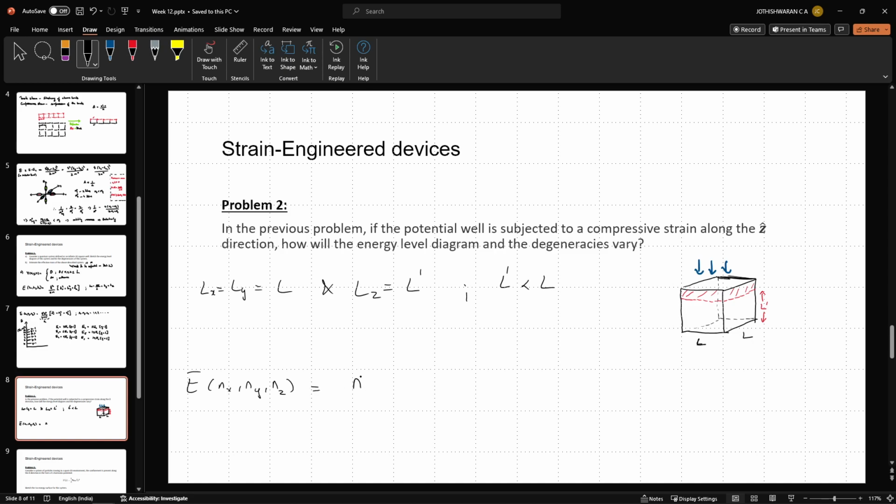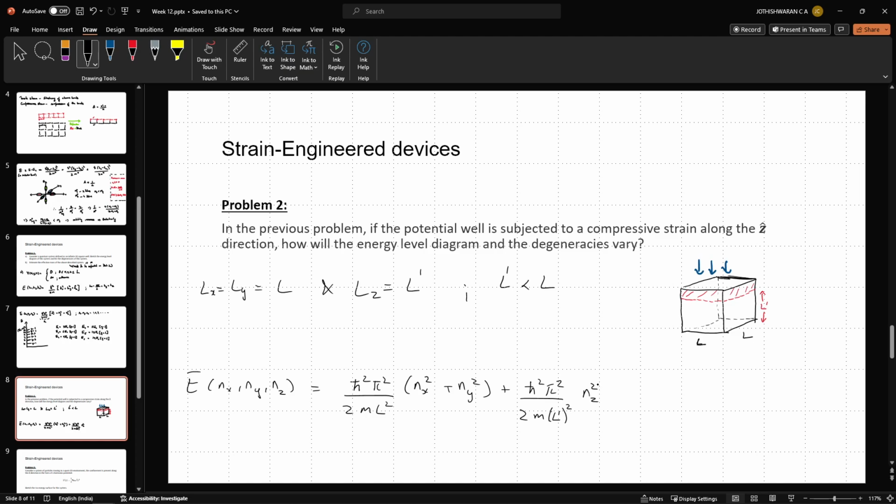So we are going to have h bar squared pi squared by 2m L squared times (nx squared plus ny squared) plus h bar squared pi squared by 2m L prime squared times nz squared. So this is how the energy values look.